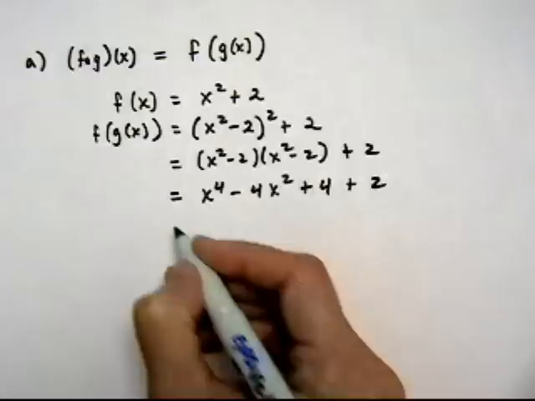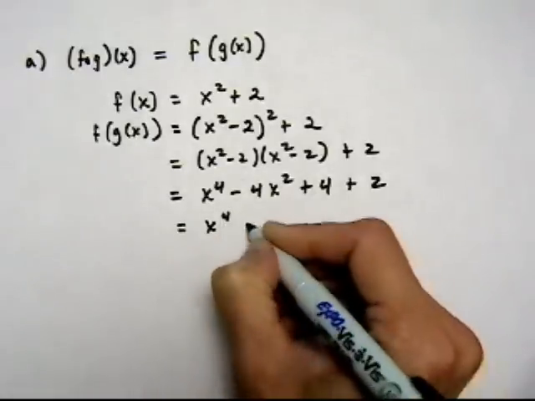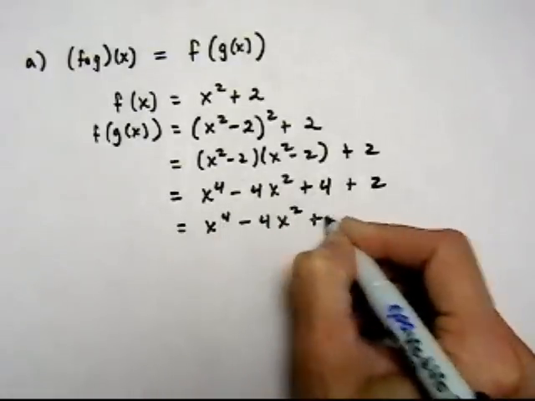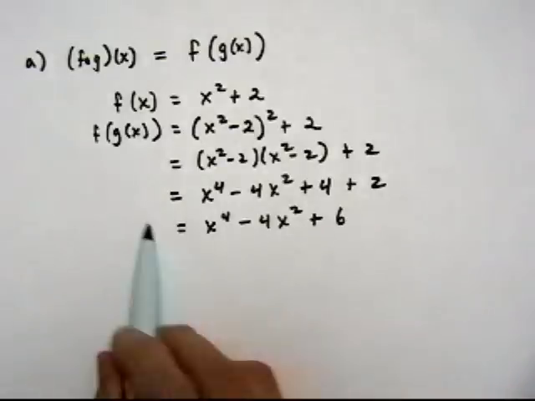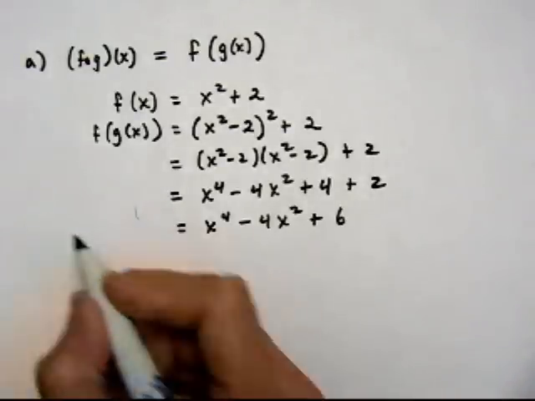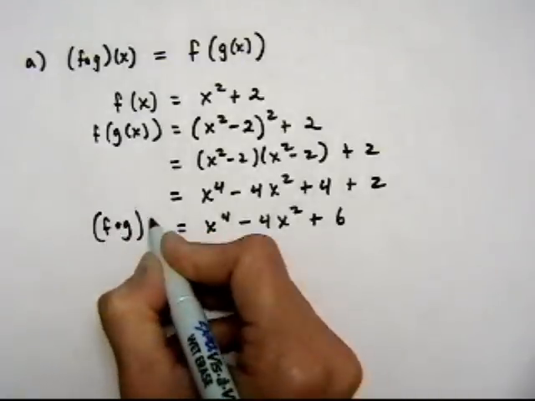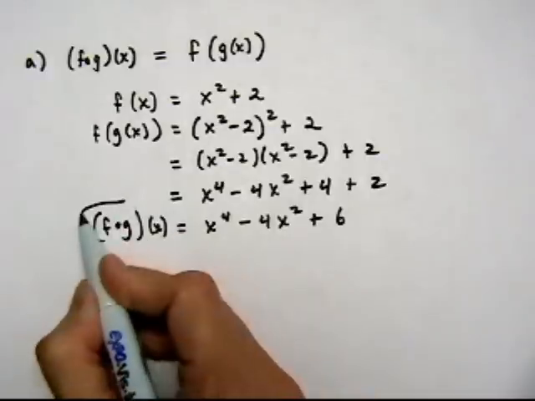Bring down the plus 2, and we have x to the 4th minus 4x squared plus 6. And that's what f of g of x equals. And that's just another way of writing f of g of x. So here's our answer.